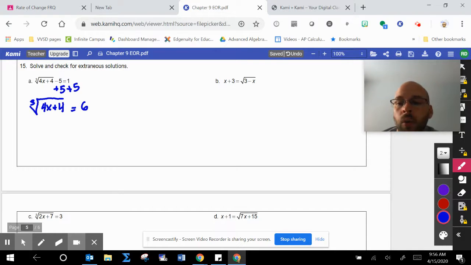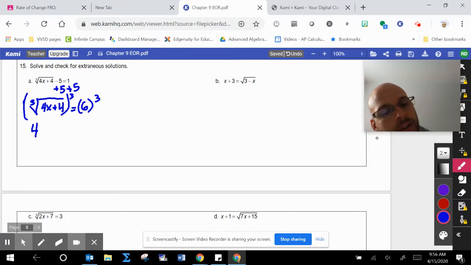I can't get to those 4's under the radical, so I cube both sides. That leaves me everything that was within the radical, and I get 6 cubed. You might need a little calculator here. 6 to the third power, I'm pretty sure, is 216. I'm going to subtract 4.